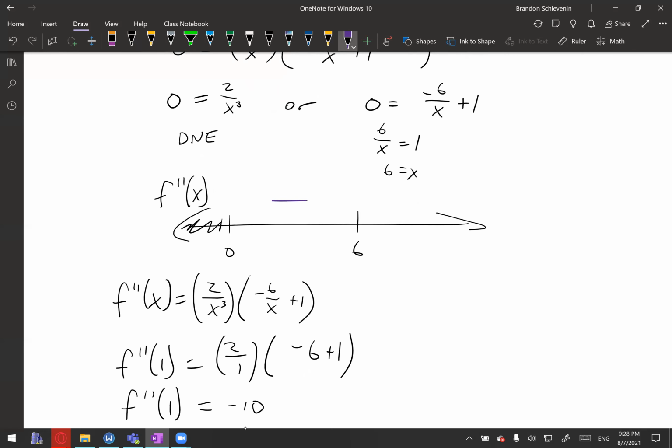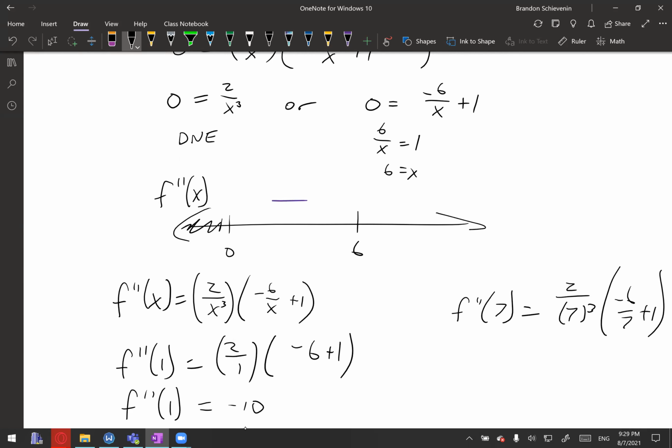Okay, and then I need any number you want that is above 6. 7. Okay. So this will be 2 over 7 cubed times negative 6 over 7 plus 1. Will my answer be positive or negative? Positive. You're right.